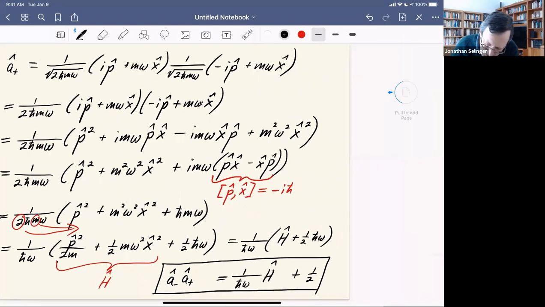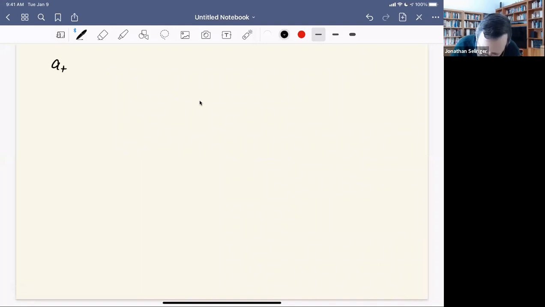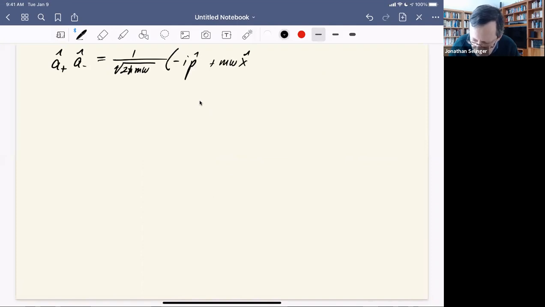A plus, A minus. So that is 1 over the square root of 2h bar m omega, and here you have the negative i p plus m omega x hat, and then there's another square root, and then i p plus m omega x hat.